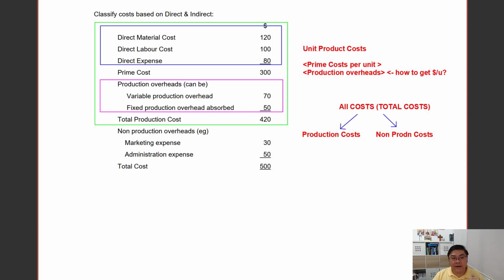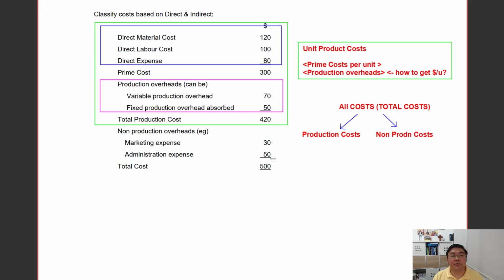You need to find the unit product cost, and by doing that, you need to find the prime cost and the production overheads. For the non-production cost, we also need to find a way of charging it into the product so that we could work out the total cost of the product.